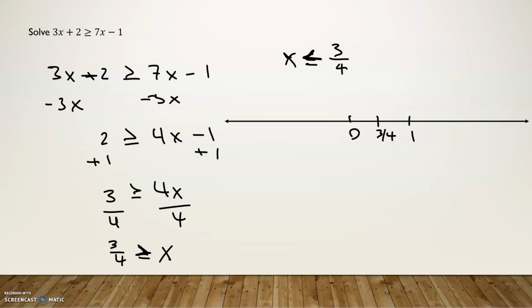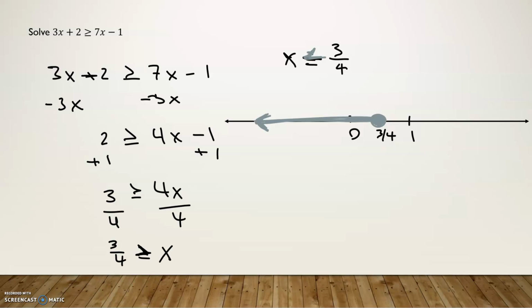Now notice here, I have less than or equal to. So on my 3 over 4, I'm going to have a closed circle because I have that equal sign right there. Now notice it's pointing this direction. So I'm going to also point this direction.